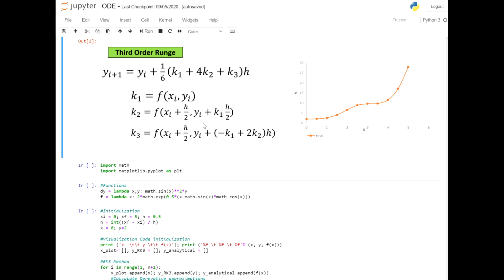So you can see this is Euler's method using k1 evaluated at h divided by 2, so evaluated at the midpoint. And k3 is also still the derivative at the midpoint with xi plus h divided by 2, but the y now is defined using this expression where I am giving -1 weight to k1 and 2 weight to k2.